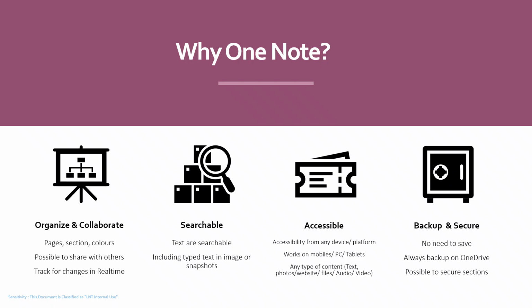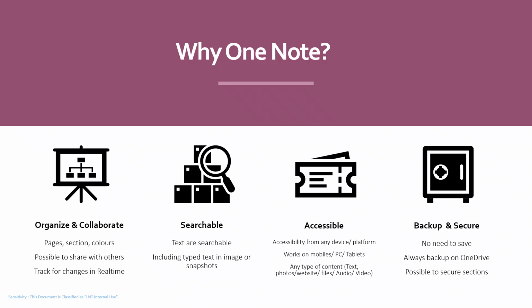And the data is accessible over all the platforms. Like you have created OneNote in your OneDrive cloud on your office computer, and you have access to office systems like Microsoft Office, Outlook, Teams on your mobile. You can very easily access your OneNote on mobile.